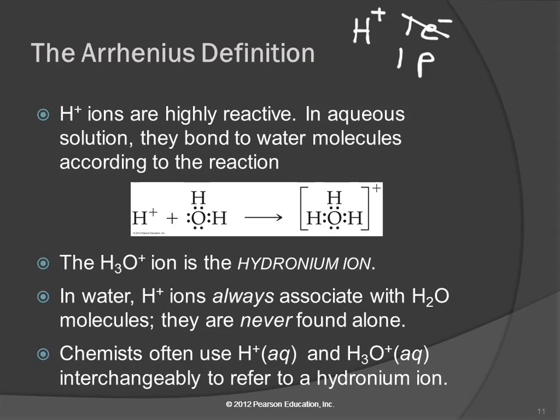So in water, hydrogen ions always associate with water molecules. You never, ever find them alone. They're either on the molecule that they came in with, or if they got separated from that because it was acidic and was producing hydrogen ions, the hydrogen ions would immediately grab onto one of the water molecules. So I think of these hydrogen ions a little bit like being like a 3-month-old baby.